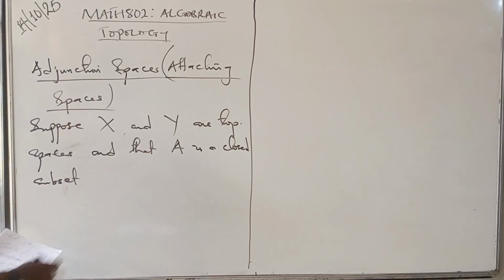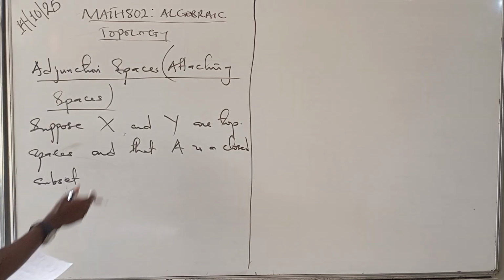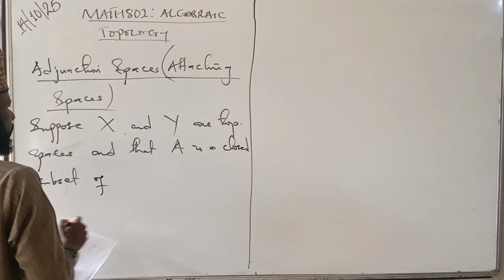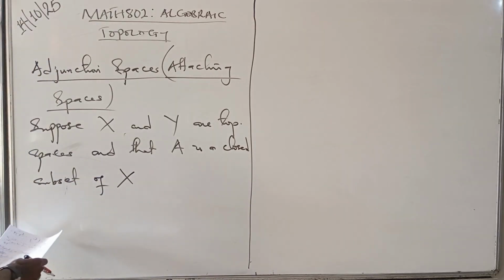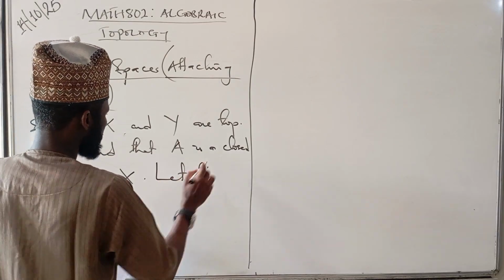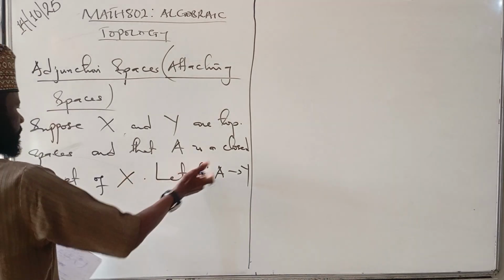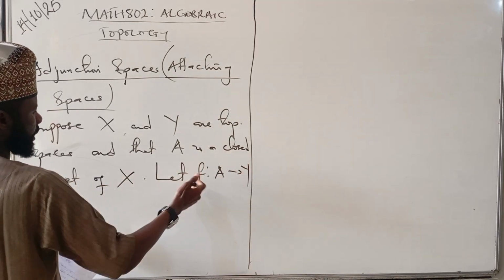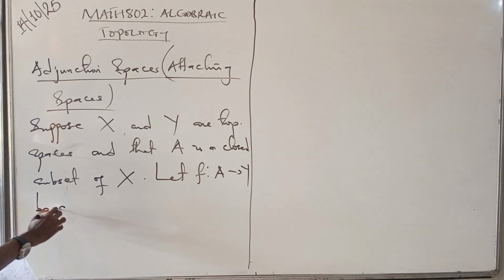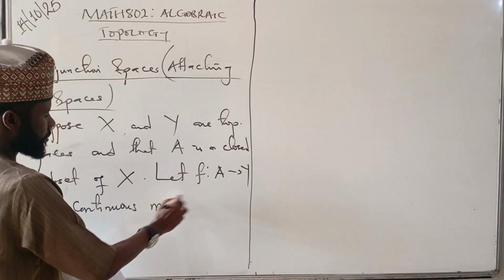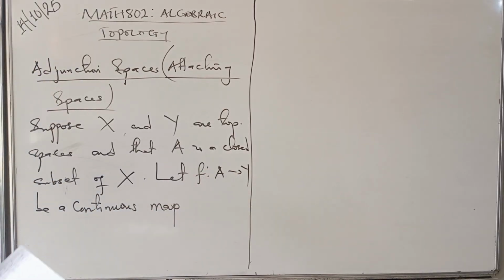A closed subset can be regarded as a subspace with the subspace topology of the space X. And then if we have a map from A into Y, you think of A as a subspace, and then you have a continuous map between the two topological spaces.